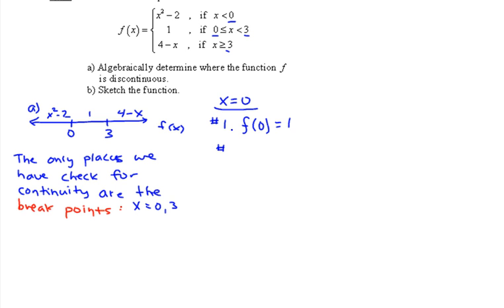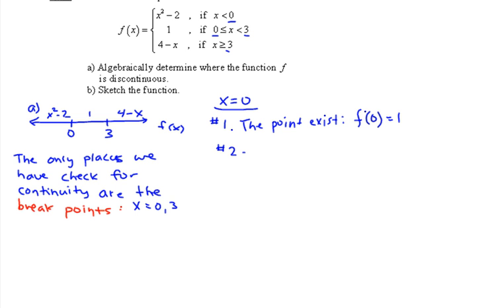What's the second condition? Does the point exist? Yes, the point exists. We know it exists because I can plug in 0 and it will give me a y value, which is 1.